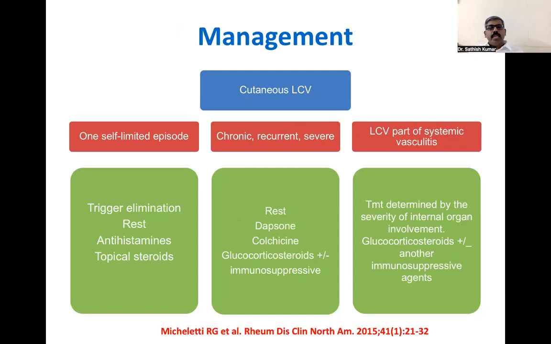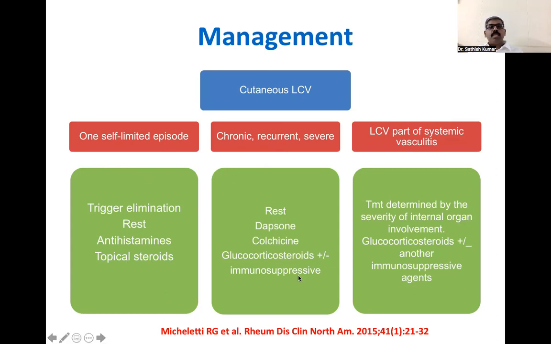If the skin involvement is only like a leukocytoclastic vasculitis, it is a self-limiting episode: rest and trigger elimination. Antihistaminics can be tried if they have itching. Topical steroids sometimes help only for the cutaneous manifestations. But if it is recurrent, especially if they have recurrent IgA vasculitis involving only the skin, you can try dapsone or colchicine.